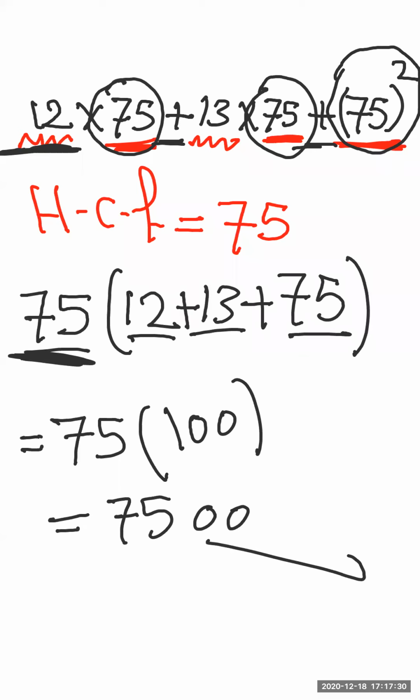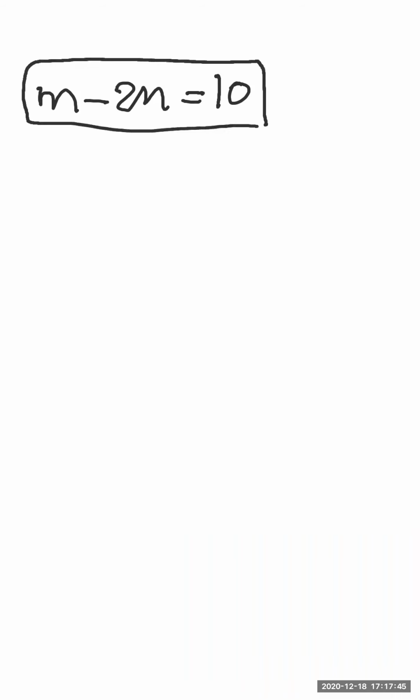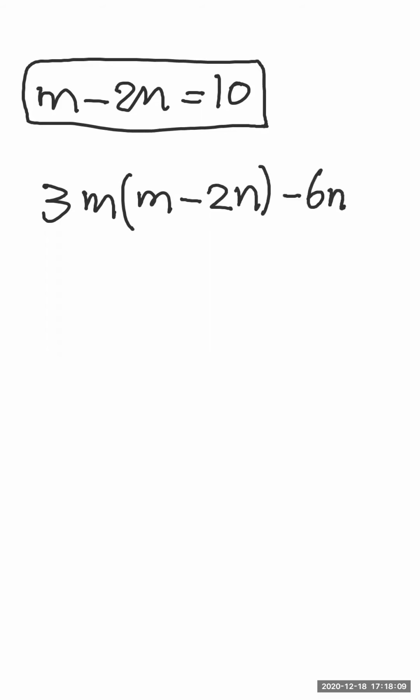One more question, and concentrate with me well. If m minus 2n equals 10, find, using factorization by identifying the HCF, the numerical value of this expression: 3m times (m minus 2n) minus 6n times (m minus 2n).